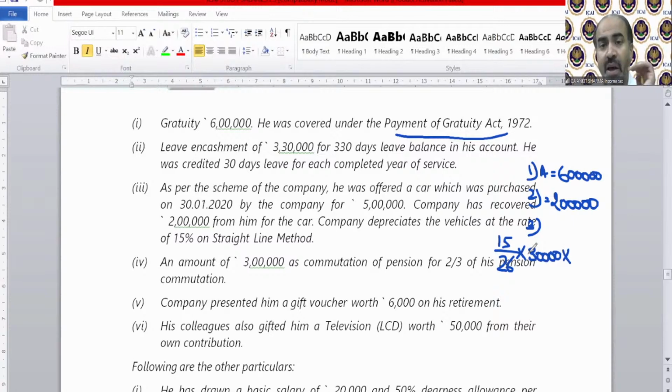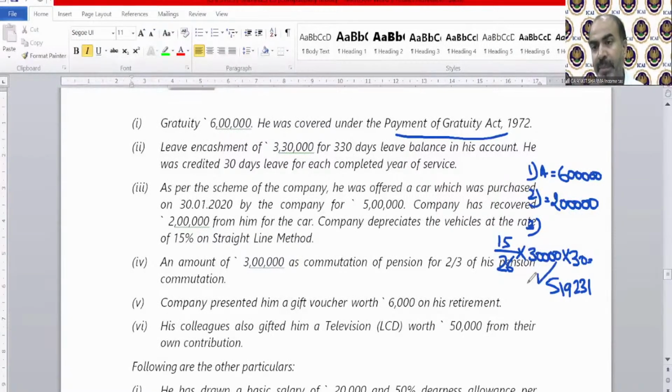And then the year of service. How much service did he complete? That is 30 years and 1 month. If it is more than 6 months, we convert it into a year; here it is less, so it will be 30. If you solve this, you will get the amount of rupees 5,19,231.